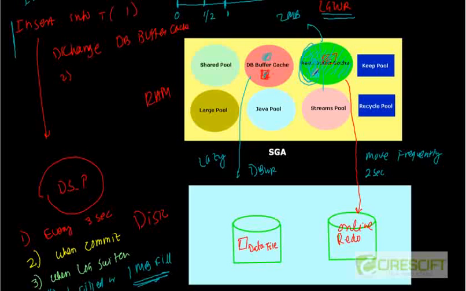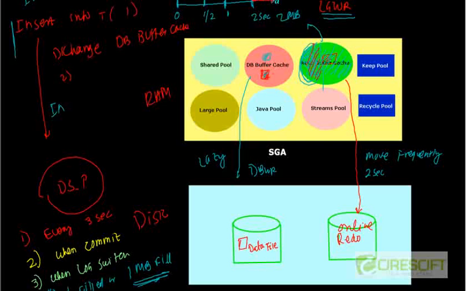So in that case, what's going to happen is that it is going to wait. No transaction is going to happen. If somebody is going to insert, then he's just going to wait until 2 seconds, when I have completely written the first 1 megabyte of data. After that I can reuse the buffer.